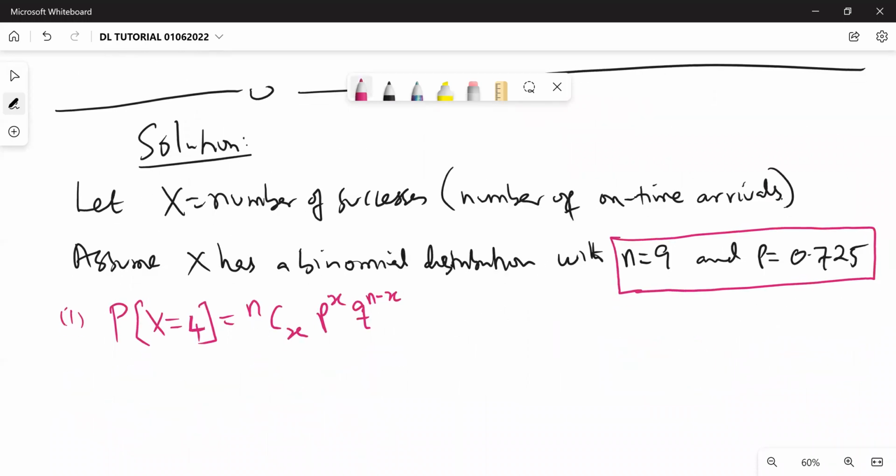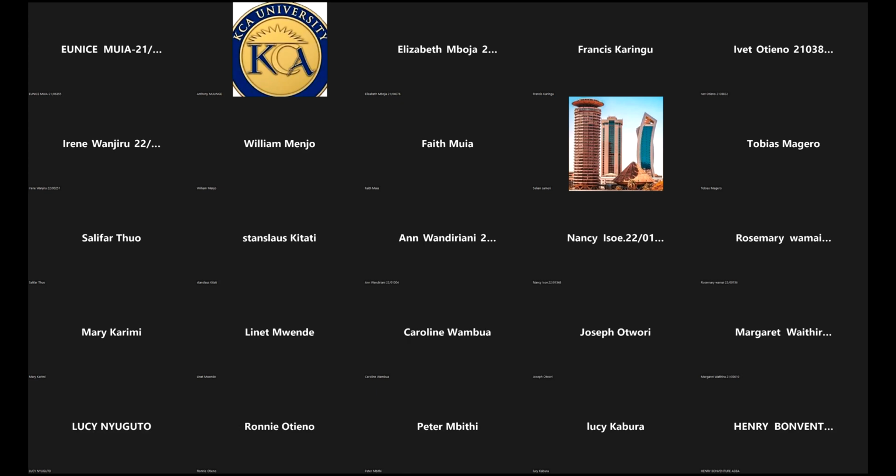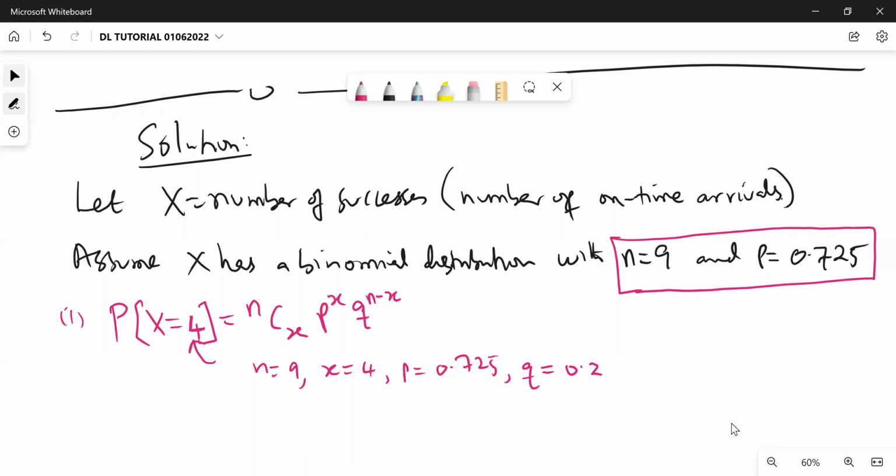We already know that n is 9, small letter x is 4, p is 0.725 and q is 0.275. So we just plug in these values into the formula and move on.